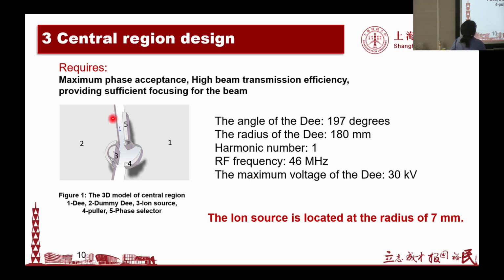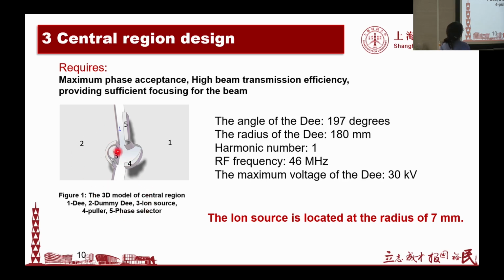So a good central region design should have maximum phase acceptance and high beam transmission efficiency, and provide sufficient focusing for the beam. Considering these aspects, the central region configuration is shown in Figure 1.